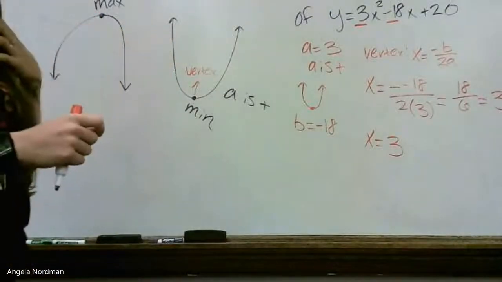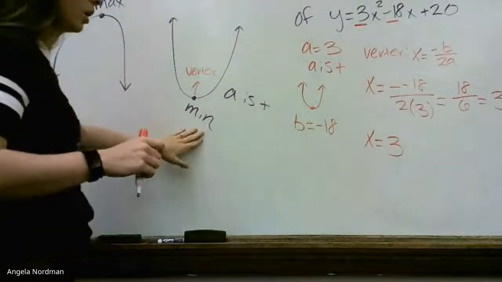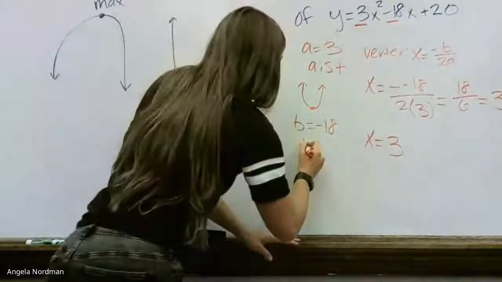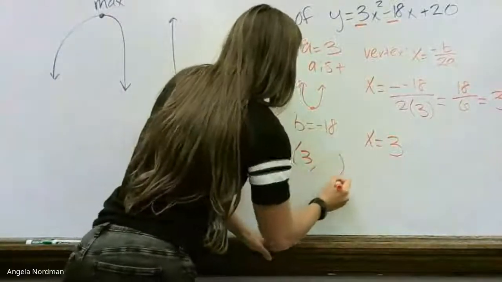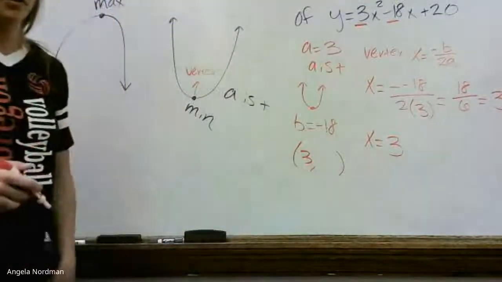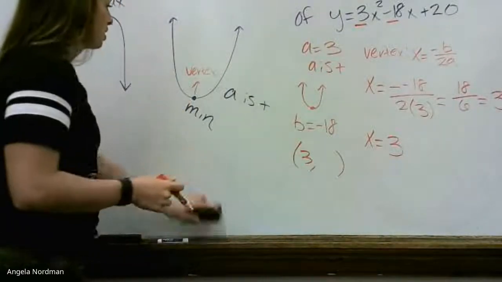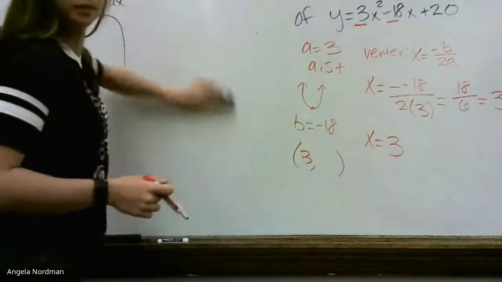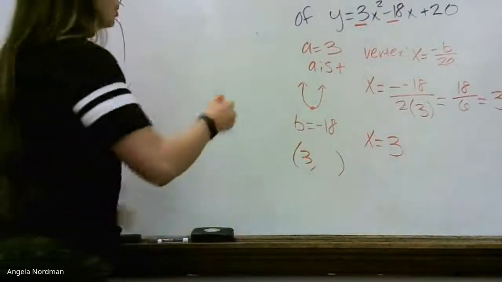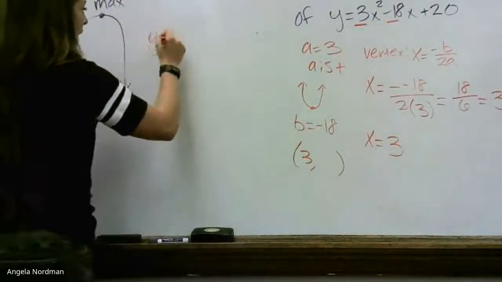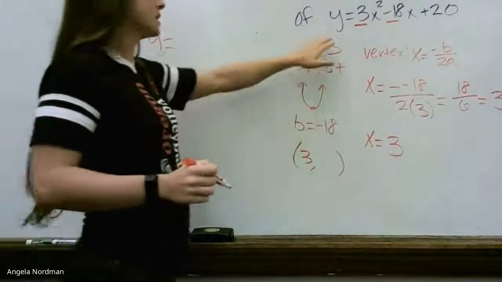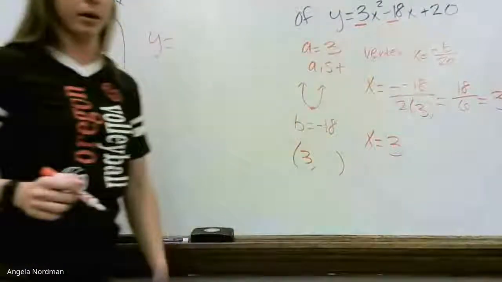I'm finding my minimum, right? This is the x value in my minimum. So that's 3. So when we have an x value and we want to find the y value, we have to plug it back in. So I'm going to use this space over here. If I plug my x value back in, it's plugging into every single x in my original equation.